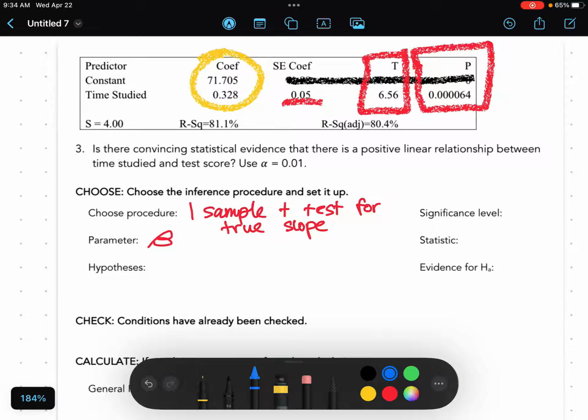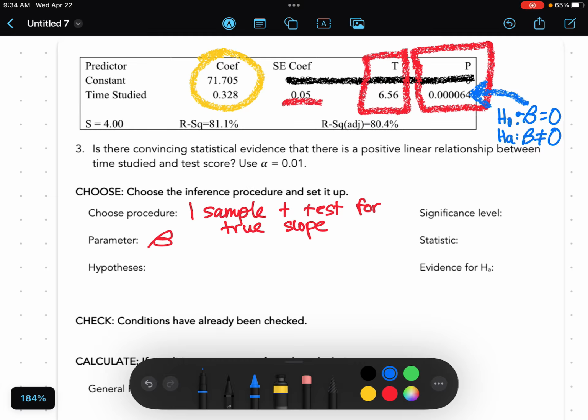But something that's really important is this line assumes that our null hypothesis is that the true slope equals 0, and that the alternative is not equal to 0.